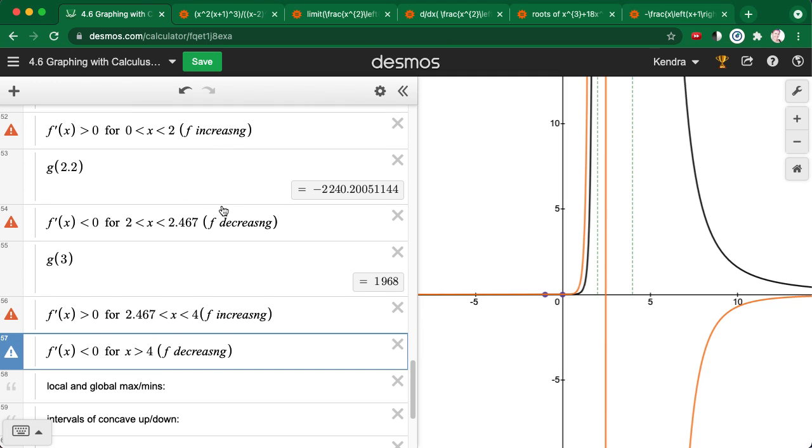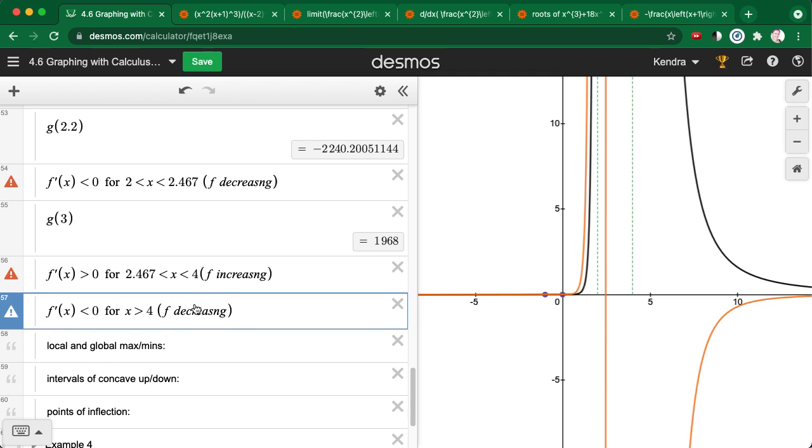But then we go from decreasing to increasing at x equals 2.4, which tells us that we went down and then up, so this must be a local minimum. And then at x equals 4, that is outside of our domain, so this just means that we were increasing going into 4 and decreasing coming out of 4, so that must mean that the limit as x approaches 4 must be infinity on both sides of 4.